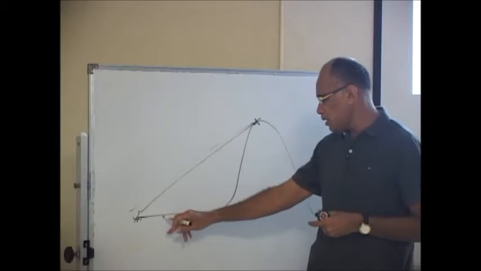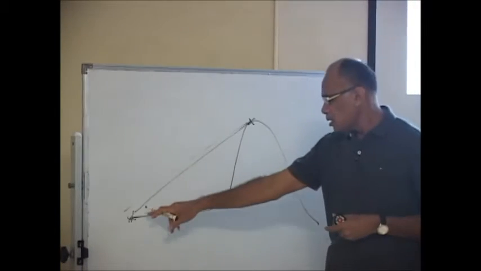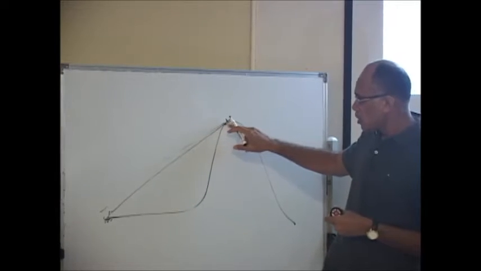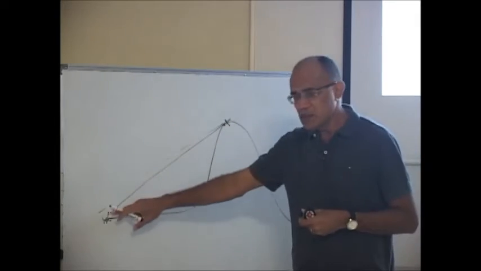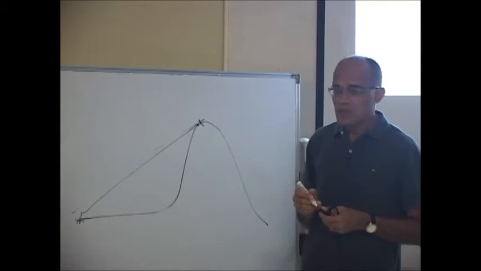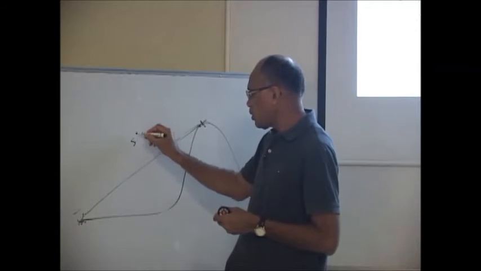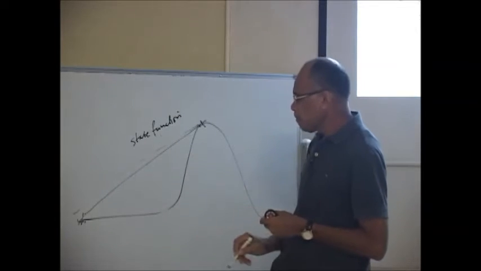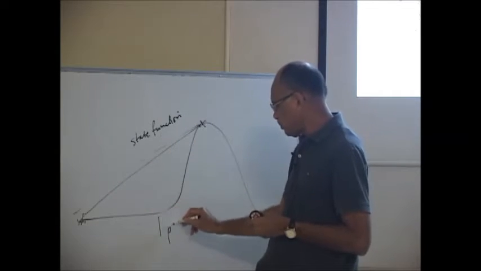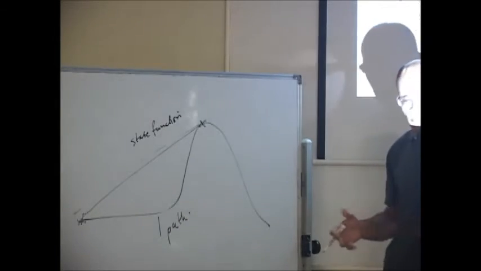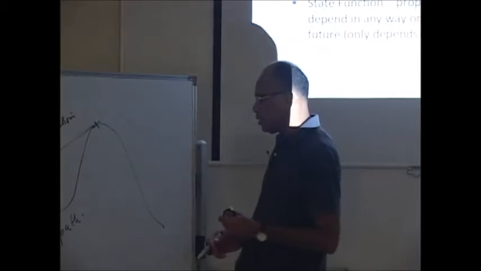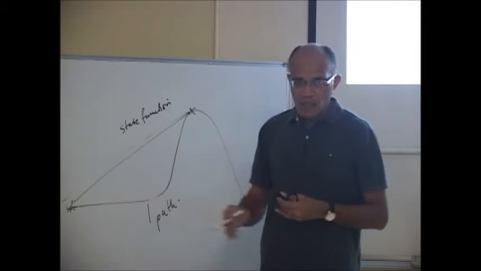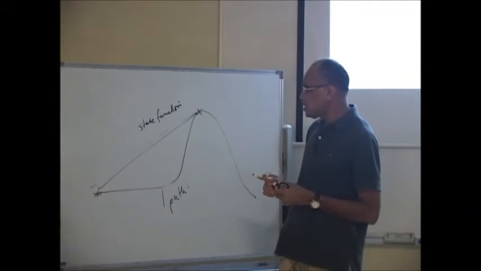Whereas if you follow the path, it doesn't matter how many paths you take to reach the top of the hill, this elevation difference is still the same. So this is the state function. And this is the path function, because the path you follow is what determines the actual path taken. Whereas the difference in the elevation is essentially the state function.